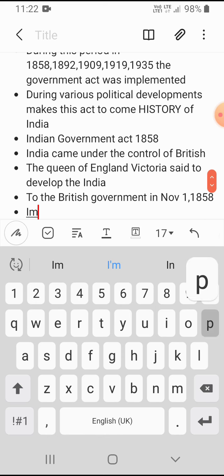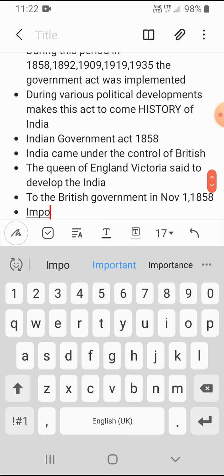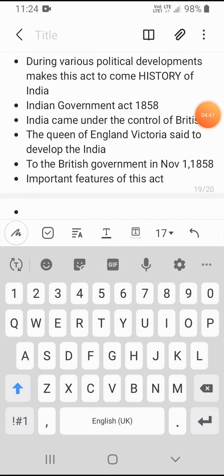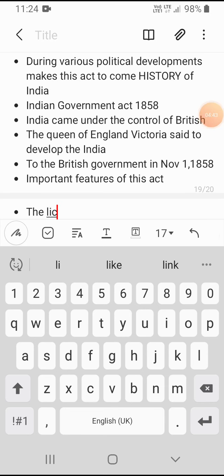Now the important features of this Indian Government Act. Let's know about the important features of this act. The license of East India Company was cancelled.